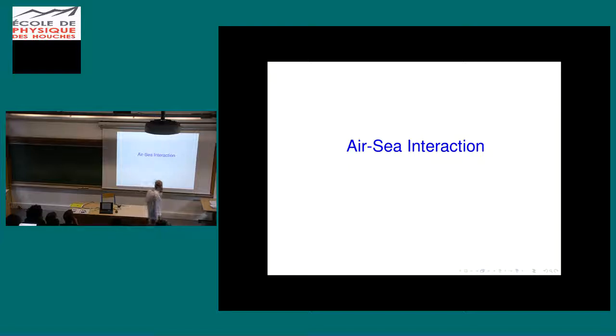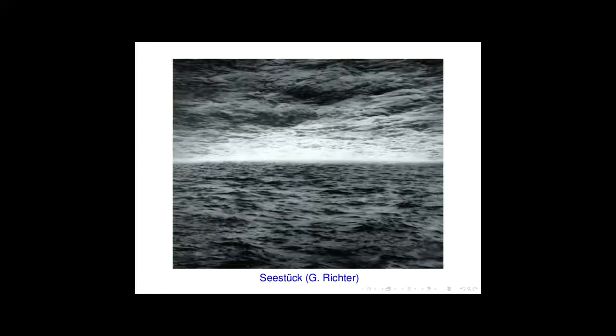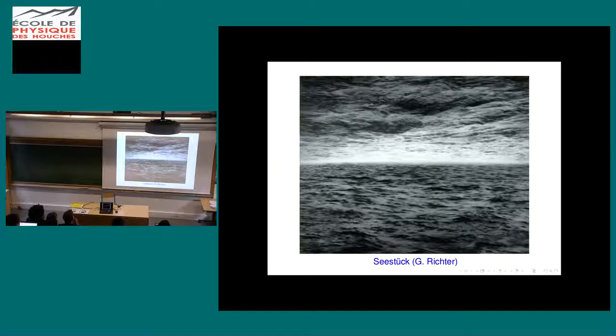The title is a little bit complicated. What I'm really talking about is air-sea interaction. For those who have been to my office, this is the poster of a painting hanging in my office, by Gerhard Richter, probably the best-selling living German painter.